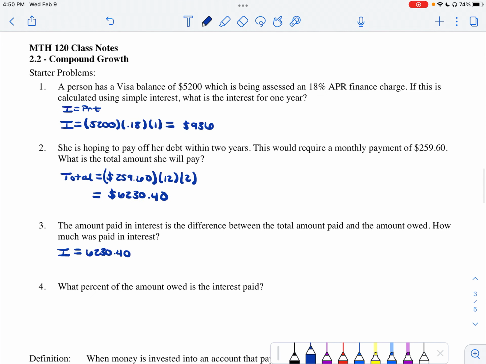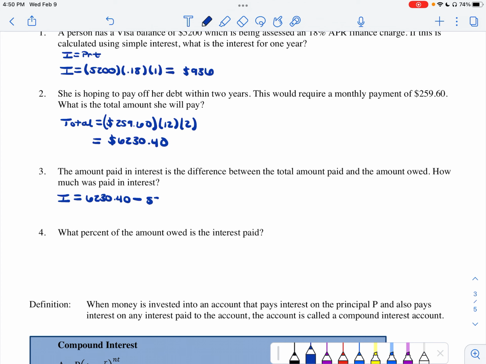And the amount owed was the $5,200. That was the original balance on her Visa card. Okay, so if we subtract these, $6,230.40 minus $5,200, then the interest that she paid was $1,030.40.